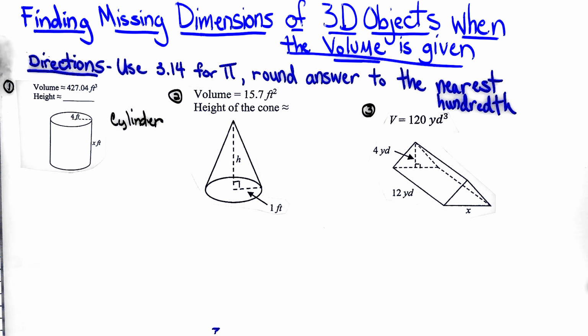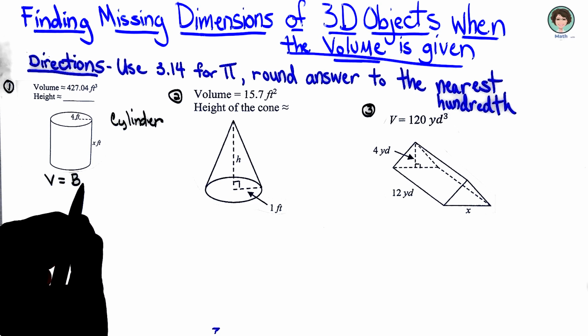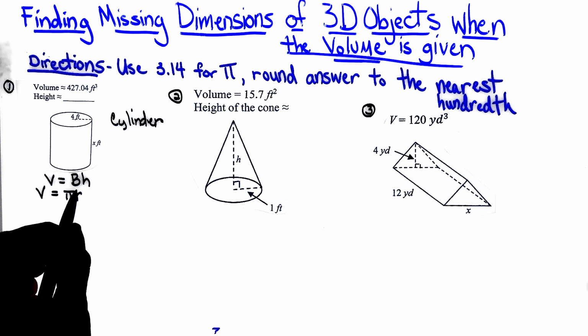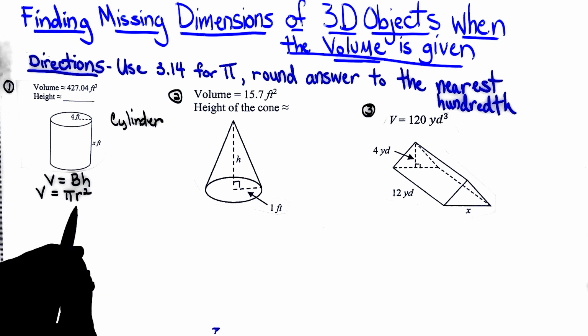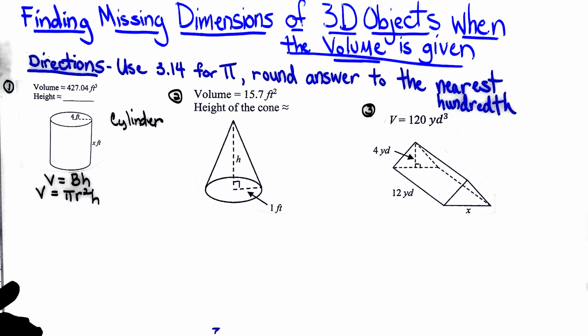And when I'm thinking about my formulas for volume, volume is going to be base area times your height. Well, remember, our volume is going to be equal to pi r squared, because that is what the area is for a circle, times the height of the cylinder.